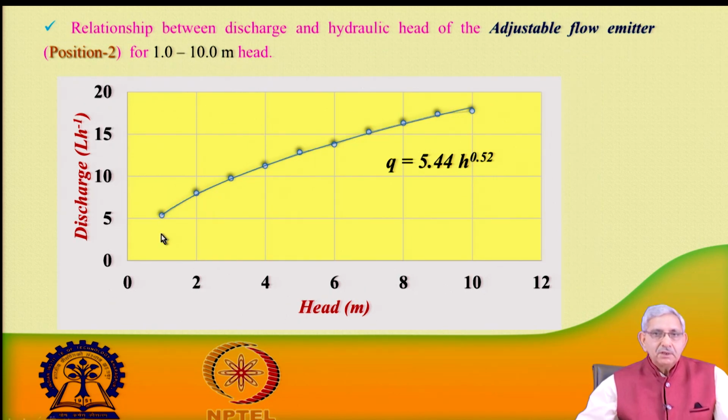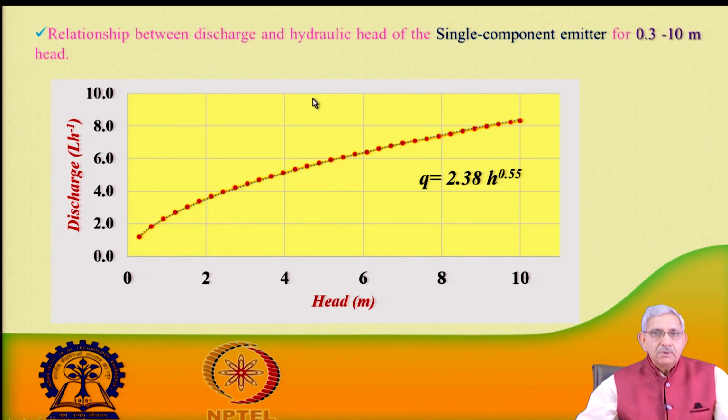Similarly, you can see here the pressure discharge relationship for the adjustable flow dripper when the dripper is at position 2, and this is for the single component dripper when it is operated at different pressures.